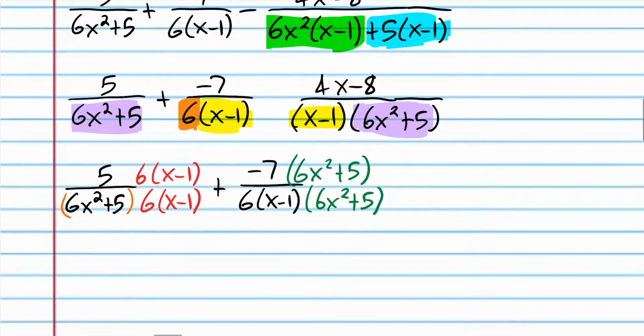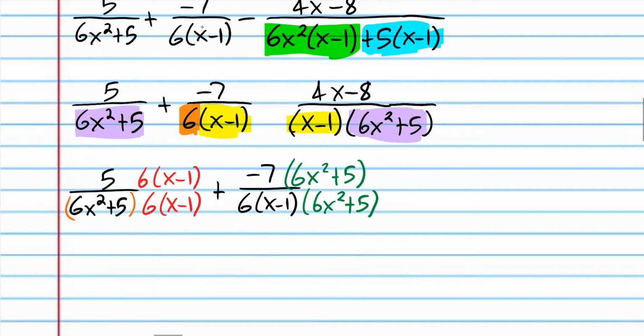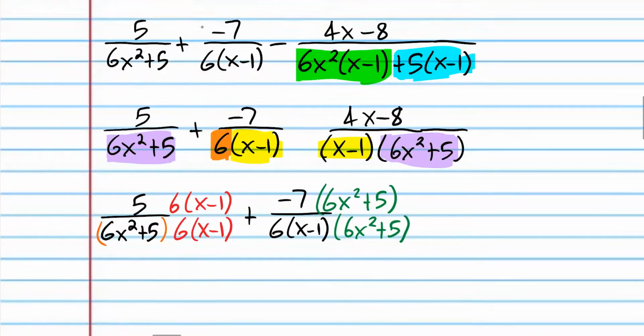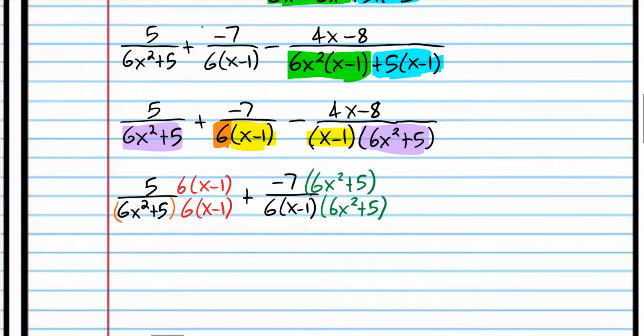So just double checking everything. And now, whoops, I forgot to write my minus here. Sorry about that. Now the last fraction, I've got pretty much everything I need. I've got a yellow and a purple, but I don't have an orange 6. I'm going to multiply both sides by that orange 6.